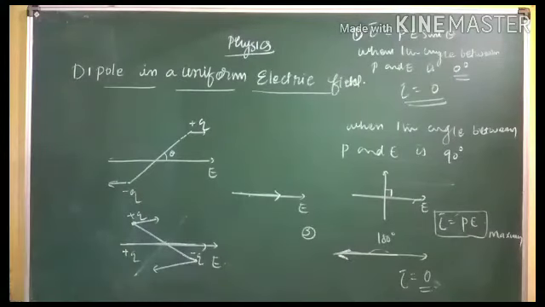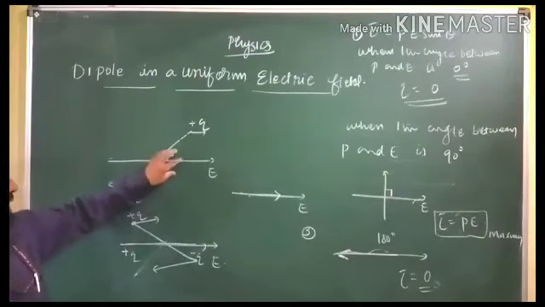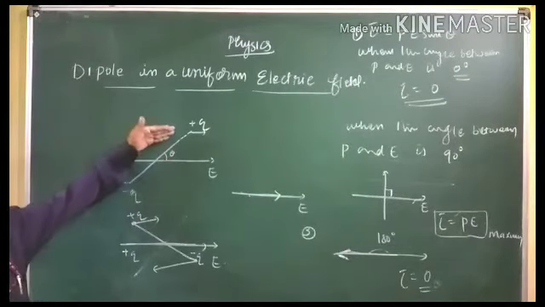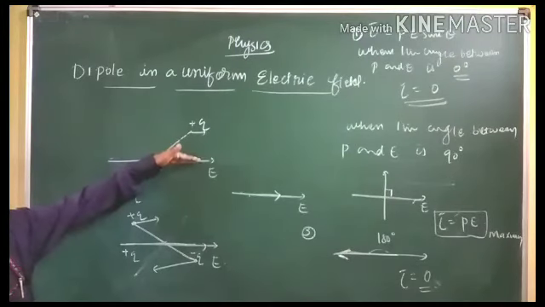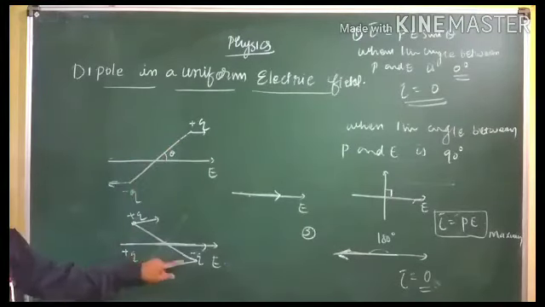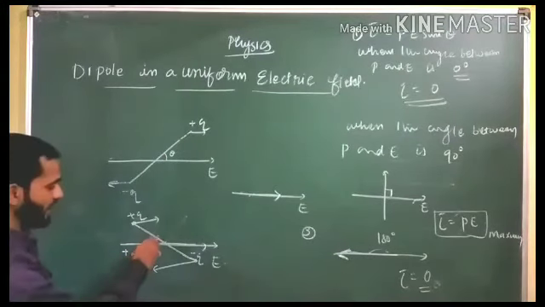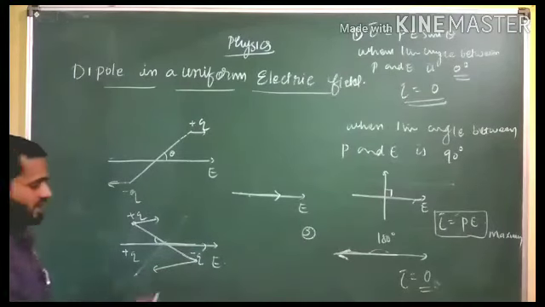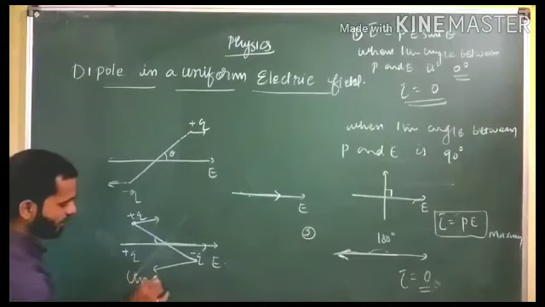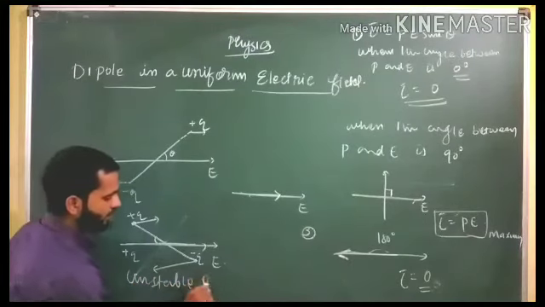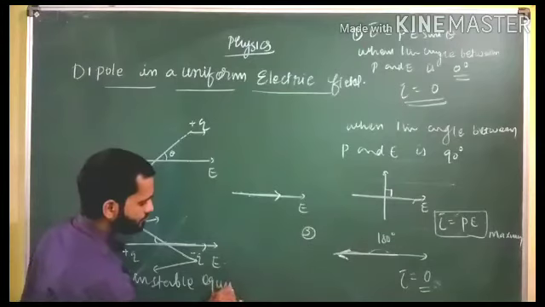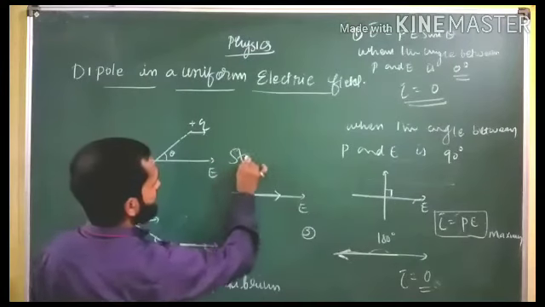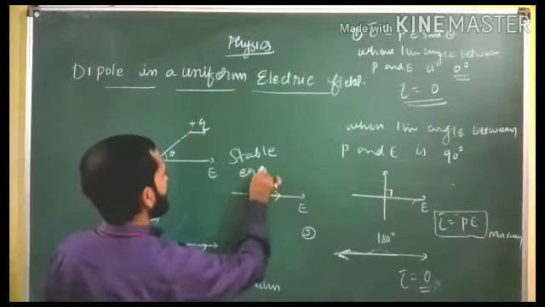It means we rotated it a small degree, and it will completely rotate, because this position is an unstable equilibrium. And the other case we call a stable equilibrium.